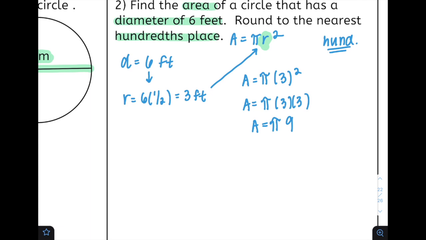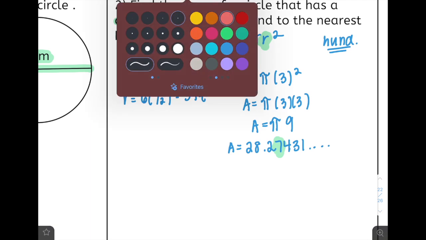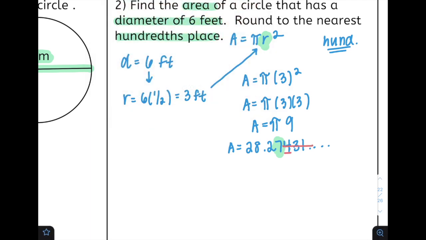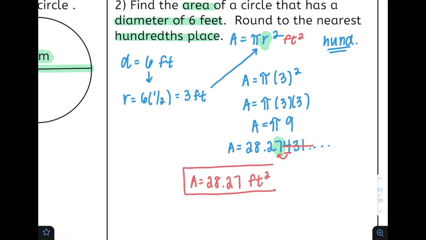So I'm going to multiply 9 by the pi symbol on my calculator, and I'm going to get A equals 28.2743, and other values, but I'm focusing on my hundredths place. So really I just have to drop these because 4 is going to keep 7 at 7. So my area is going to be 28.27 feet squared. And I have to remember that I'm talking about the area, which is always feet squared. And that's my answer for number 2.